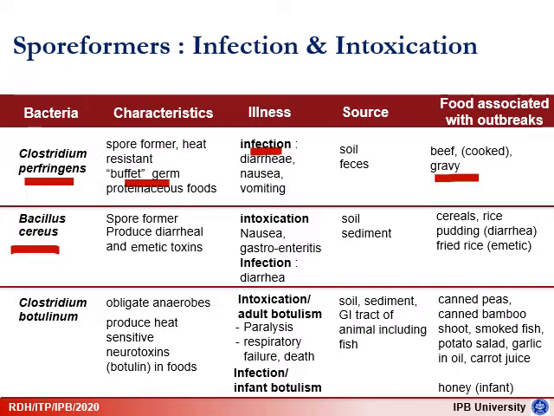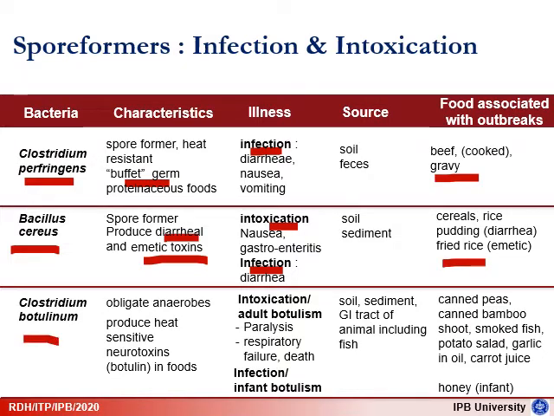Bacillus cereus can produce both diarrheal and emetic toxin that can cause vomiting. The bacteria can cause intoxication due to the emetic toxin, but also cause infection due to the diarrheal toxin. Cereals, rice pudding, and fried rice have been associated with outbreaks of Bacillus cereus.